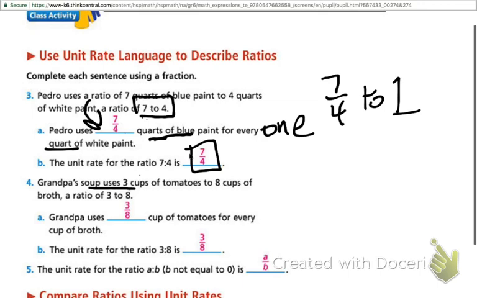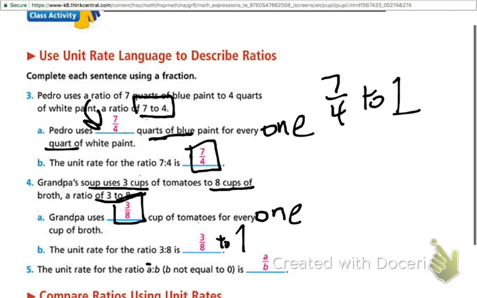Grandpa's soup uses 3 cups of tomatoes to 8 cups of broth, a ratio of 3 to 8. So he has 3/8 of a cup of tomatoes for every 1 cup of broth. So the unit rate is 3/8 to 1.